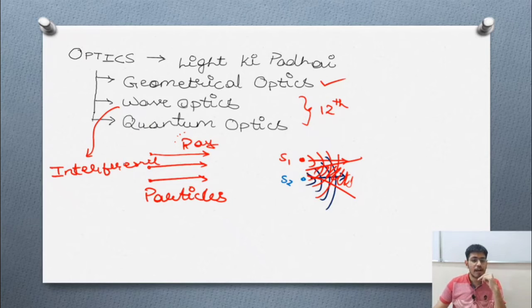Now, the third branch of optics. Basically, we consider geometrical optics also, and we consider wave optics also, because in some parts wave optics was not able to tell why light shows a certain kind of behavior, and in some parts geometrical optics was not able to tell why light shows this kind of behavior, like interference, diffraction, polarization, etc. So geometrical optics was not able to tell something that wave optics could, and vice versa.